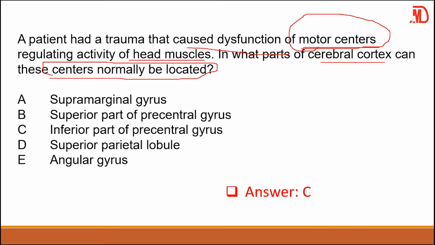But over here, we are dealing with the head part or the upper part of the body, and so we are going in with the inferior part. So here, your answer is C.